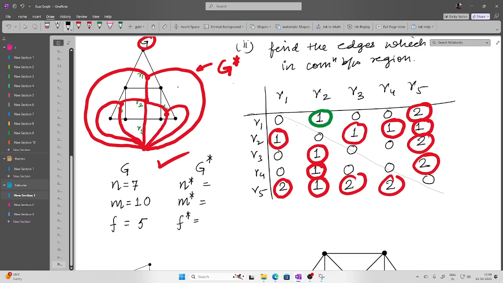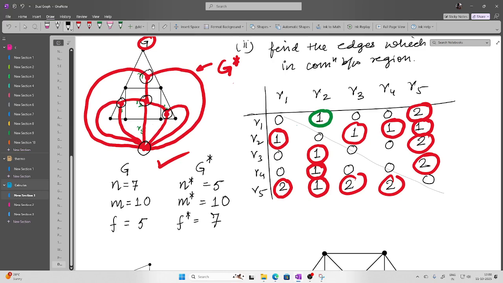The vertices in the dual: one, second, third, fourth, fifth vertex. How many edges? 1, 2, 3, 4, 5, 6, 7, 8, 9, 10. So 10 edges. How many faces? This is one face, this is another face, 2, 3, 4, 5, 6, and then unbounded 7.